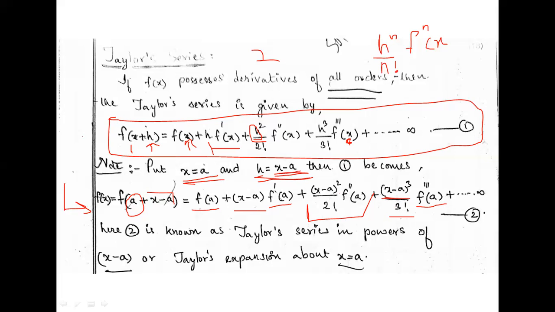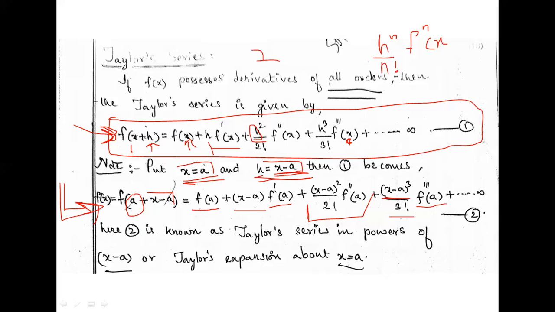And if you know this equation, if you have learned this series, and if you remember that x is equal to a and h is equal to x minus a, you can easily derive it, right? Just try to practice 2 to 3 times right now and you will get it. You can pause it and practice 2 to 3 times.